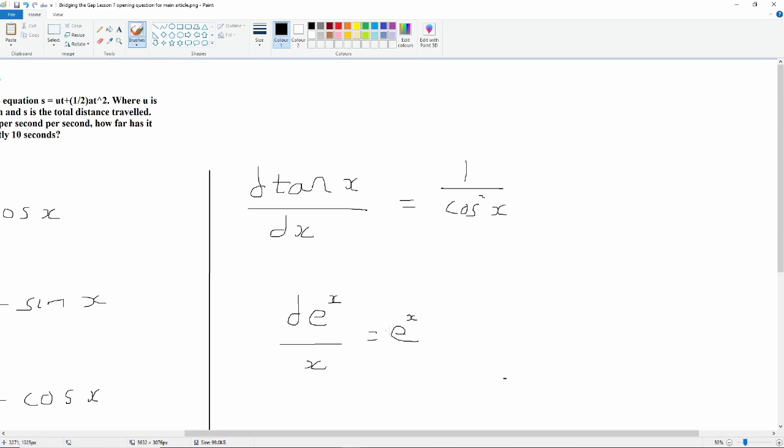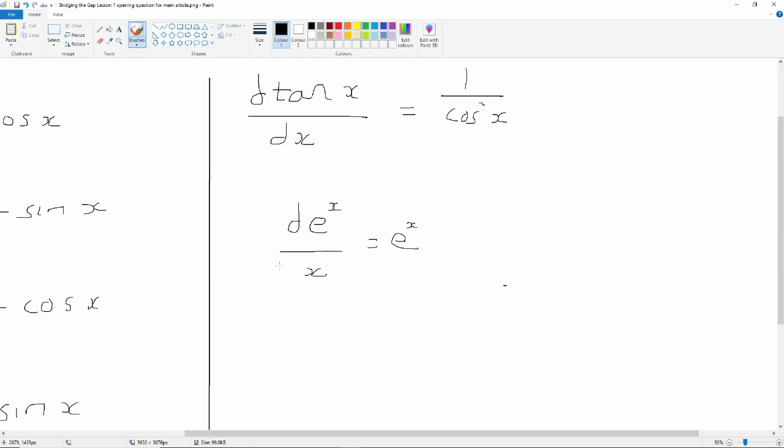It's its own derivative. The function is its own derivative. I think that's absolutely amazing. And it's really good to look up the proof of that. It's quite enjoyable.